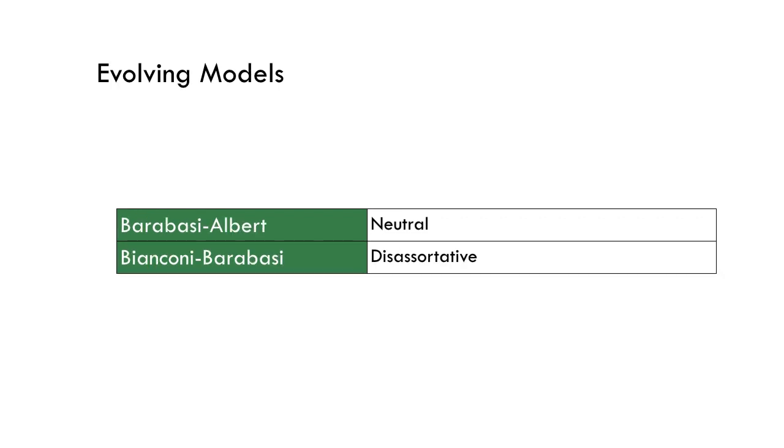So next, on to the evolving models. Remember we have Barabasi-Albert, which takes in n as the final number of nodes that will be in the network, m naught, which is the initial number of nodes in the network, and m, which is the number of nodes that a new node coming into the network will attach to. A Barabasi-Albert model will generally generate a neutral network.